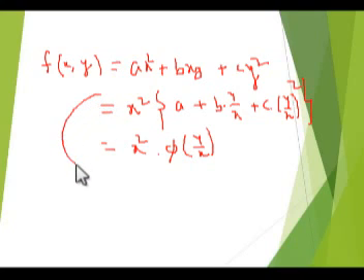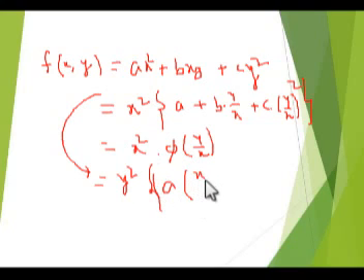Or we can take y square common and we get y square times (x by y) whole square a plus b x by y plus c.